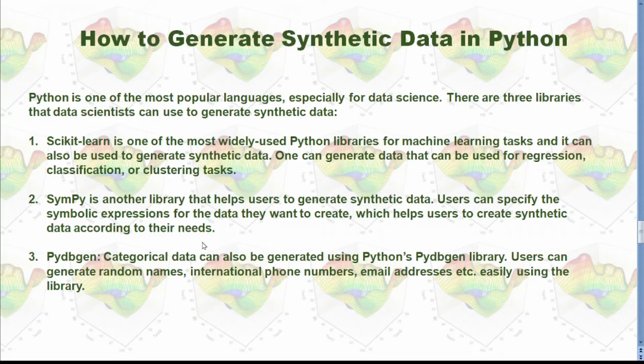Another package is SymPy, and the third one is PyDBGen. All of them can be used to generate synthetic data. In this video, I'm going to show you how to use Scikit-learn to generate synthetic data. Let's go to Python, see how it works.